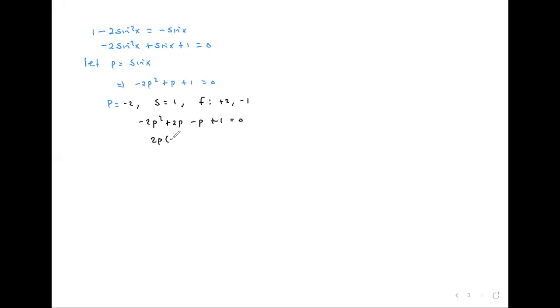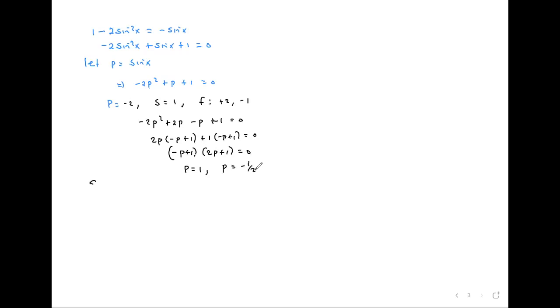So 2p, then negative p plus 1, plus 1, then negative p plus 1 is 0. So negative p plus 1, and then 2p plus 1 is equal to 0. So p is equal to 1, and p is equal to negative half.